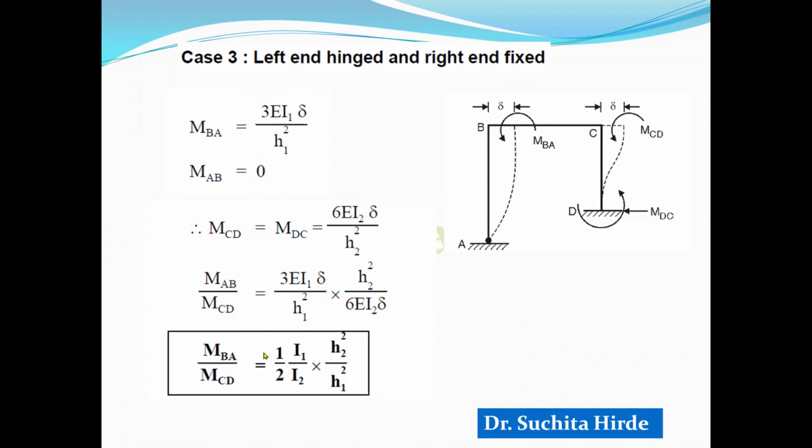Now we have to remember that in this case we have moments at three places, that is here at the top. Here the moment is 0 because of hinge support, but here MCD is also equal to MDC. So while writing the moments in the moment distribution chart, we have to write the values at three places for MBA, MCD and MDC. So remember this is half.